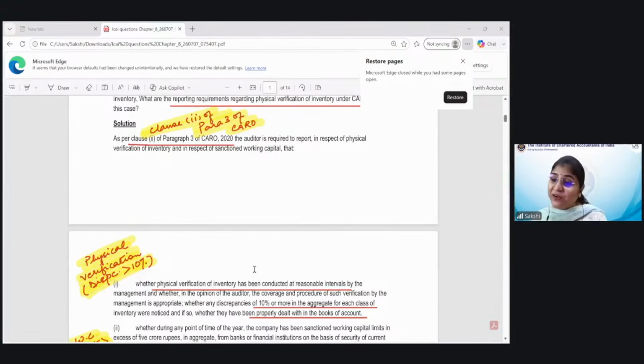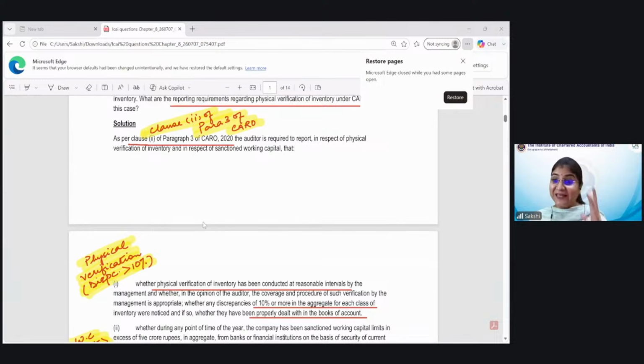And also if the working capital limit was more than 5 CR, then quarterly returns had to be filed by the company with the bank in such cases. Isn't it? Do you all remember these basic things from your clause 2? See, it should be there on your fingertips since it is your revision class. I expect you all to remember this much.